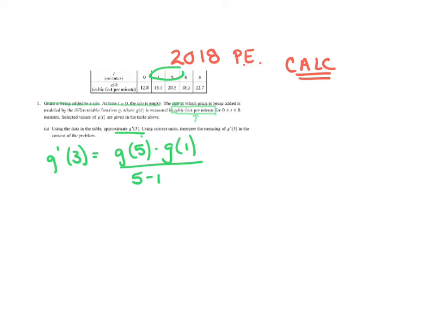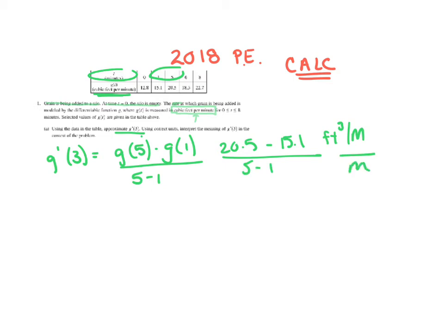The g of 5 would be 20.5 cubic feet per minute minus 15.1 cubic feet per minute divided by the 5 minus 1, which is measured in minutes. So I just want to be clear, I'm getting cubic feet per minute squared because I have this per minute per minute. I'm just going to grab my calculator. I think I get 1.35 feet cubed per minute squared.